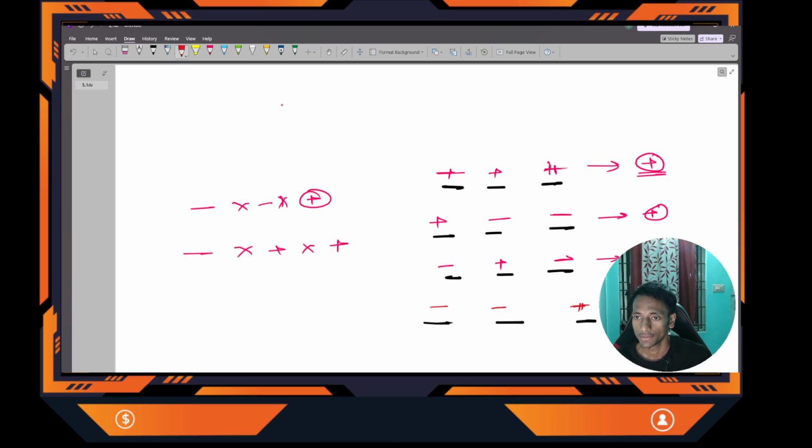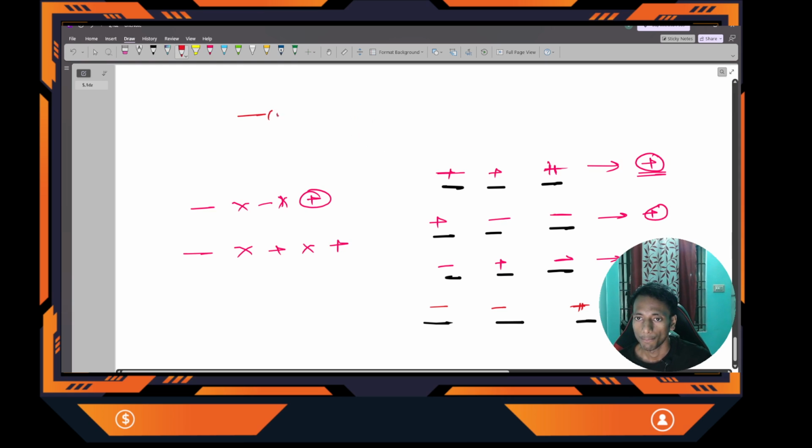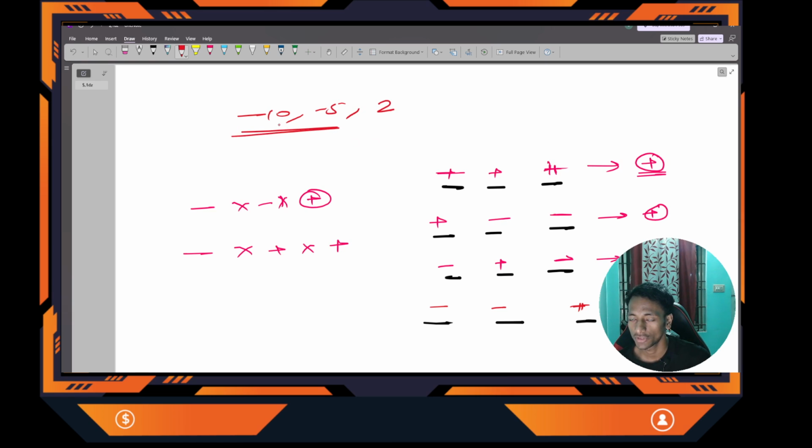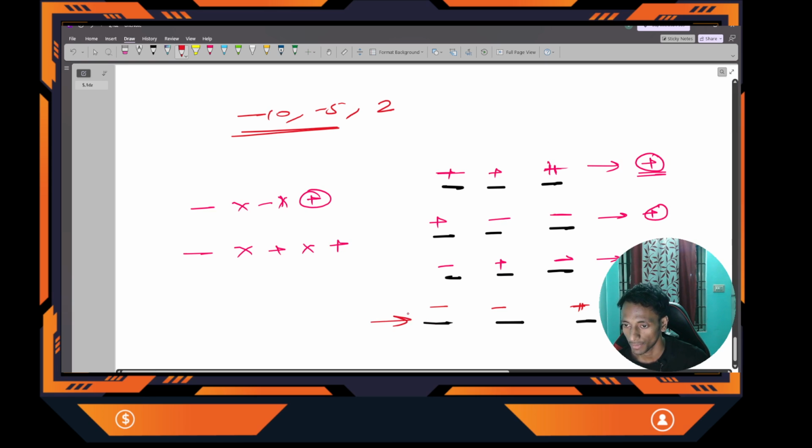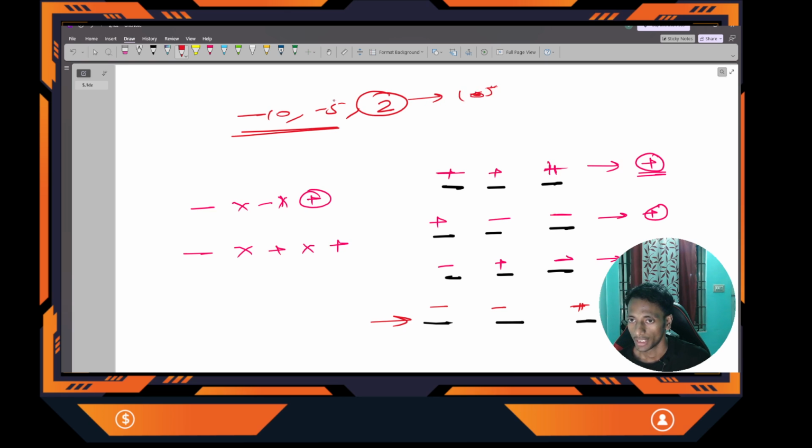Suppose in this case we have minus 10, minus 5, 2. That means you can see that the two smallest numbers are negative, minus 10, minus 5. So this is case number 4. That means the third number should be changed to the positive number 10 to the 5. And if I change another number, it will minimize our value.